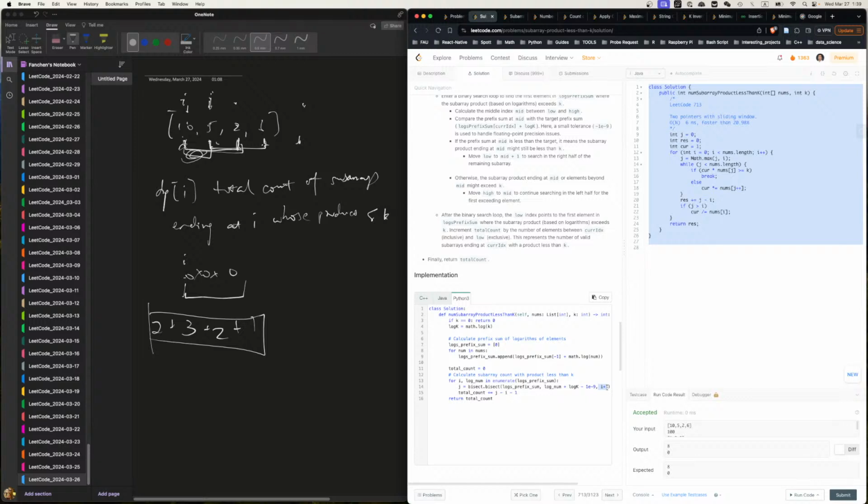I think that's what it means. And we do it slightly smaller. Right? Slightly smaller. So if we do it slightly smaller, then we'll hit that.